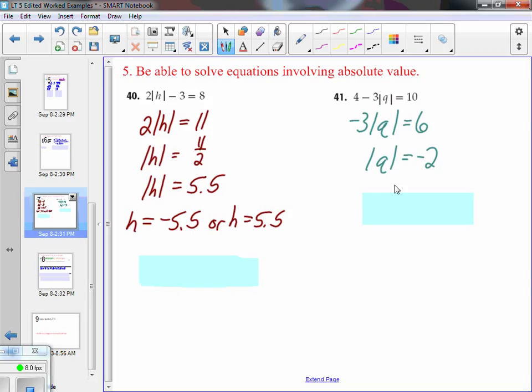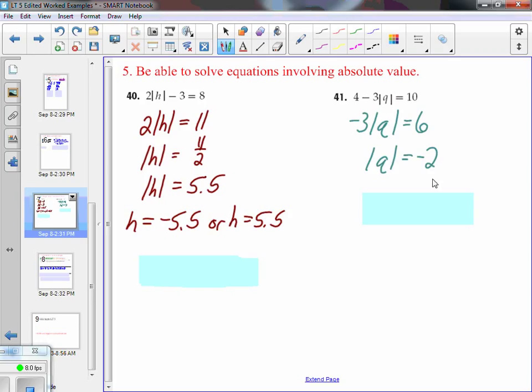Everybody end up here? The absolute value of Q equals -2. Right, I subtracted 4 from both sides. No more 4 on the left. 10 minus 4 is 6. Divide both sides by -3. No more -3 on the left. 6 divided by -3 is -2. And don't trick yourself.